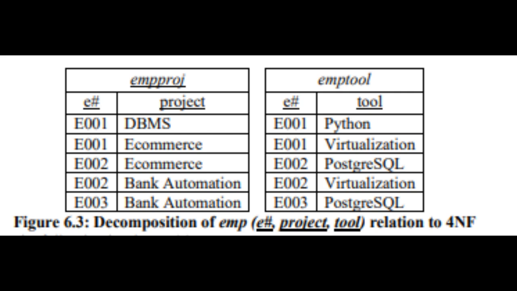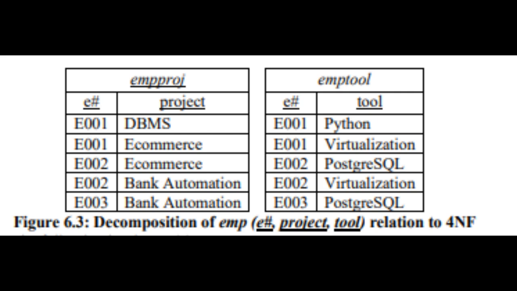A relation R is in 4NF if for all the multivalued dependencies X ↠ Y, any one of the following clauses holds: the multivalued dependency X ↠ Y is trivial, or X is a candidate key for R. The dependency X ↠ Y in a relation R(X, Y) is trivial, since it must hold for all R(X, Y).